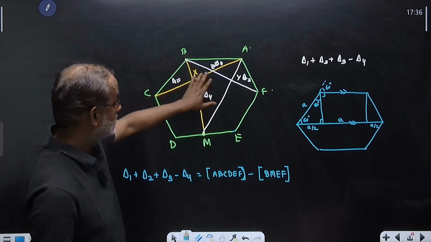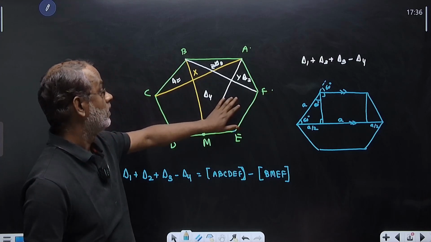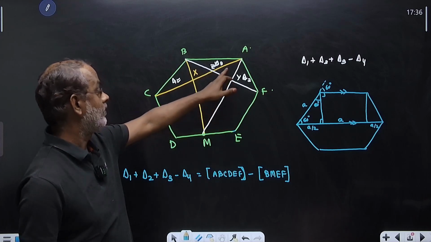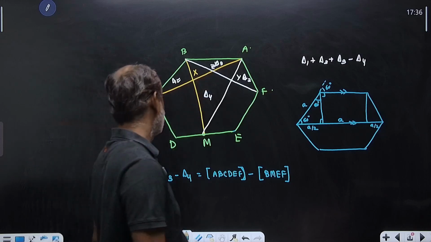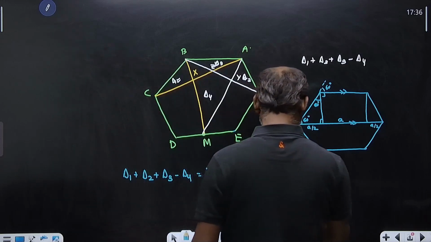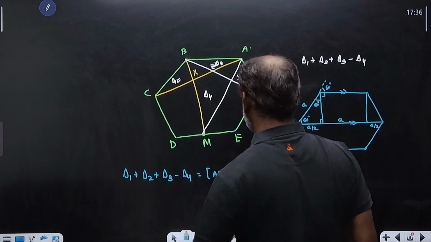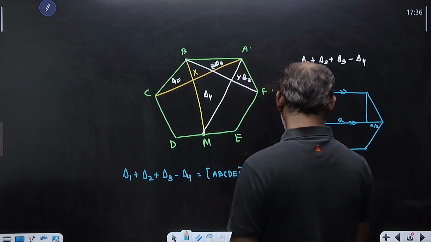Okay, so this is subtracted. So this remains and this remains, minus area of ACDM.